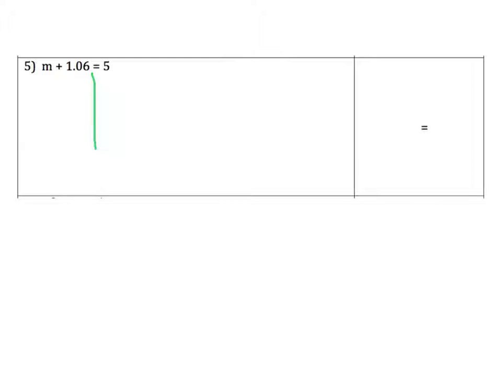So I see that I have a positive 1.06 on the same side as m, so I am going to subtract 1.06 from both sides. Okay, positive and negative values of the same number always add up to 0. So this becomes 0. So I have m on one side all by itself.